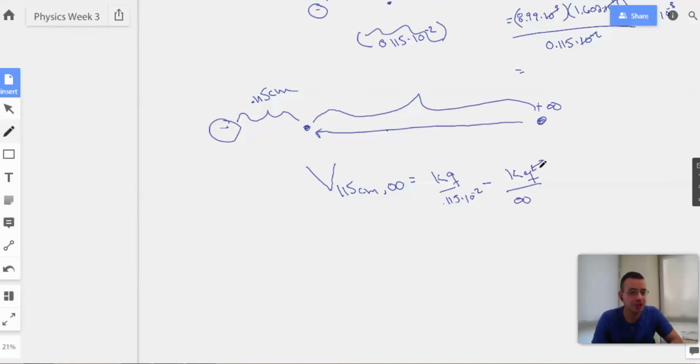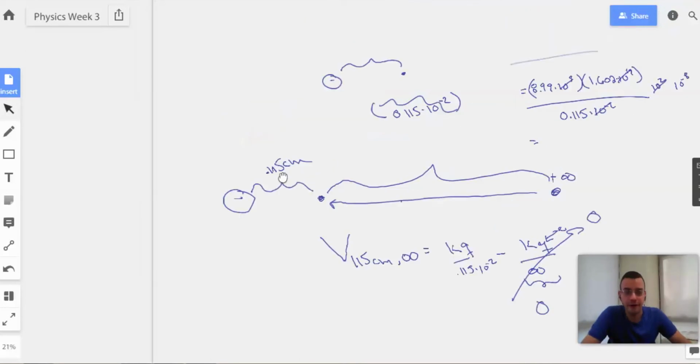So this is still the electron here. Now since this is infinity, any number divided by infinity, assuming it's not infinity itself, will then be 0. So this part we just ignore, which is why they don't even write it in. I like to write it in because that way it's just a little bit more clear.